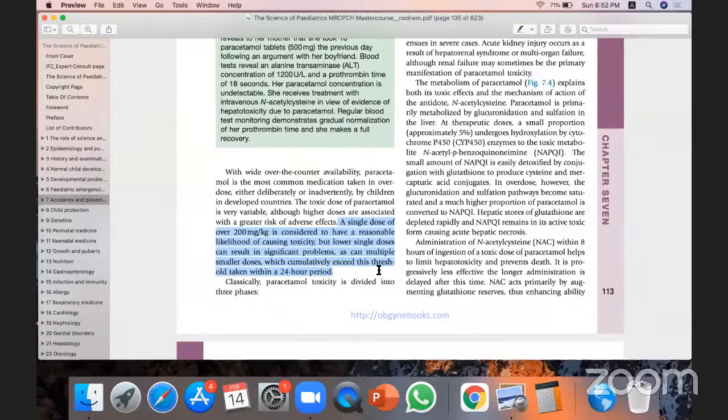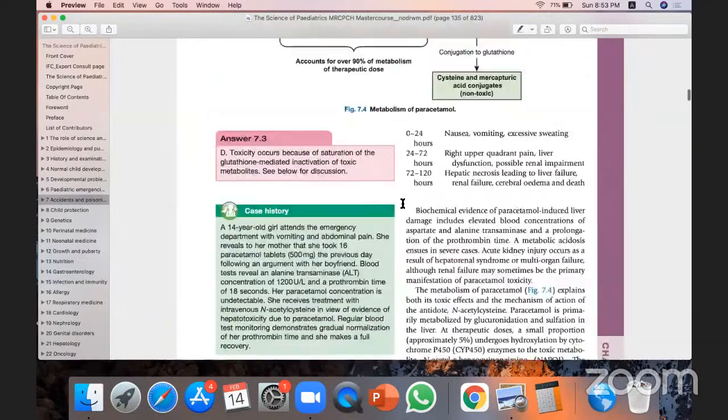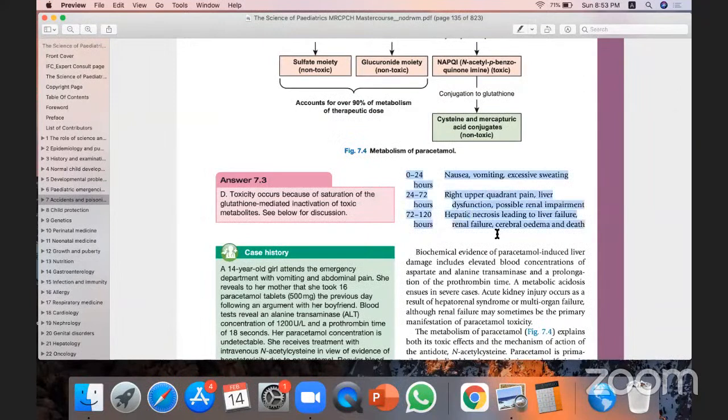So if any child has a staggered or cumulative dose, this is also an indication to start N-acetylcysteine. Paracetamol poisoning has 3 stages. Give it a star mark. First stage, the child has only nausea and vomiting, nothing more. Then abdominal pain, with liver toxicity or renal toxicity. Then there is the necrosis stage after 3 days, with liver failure, renal failure, cerebral edema and death.